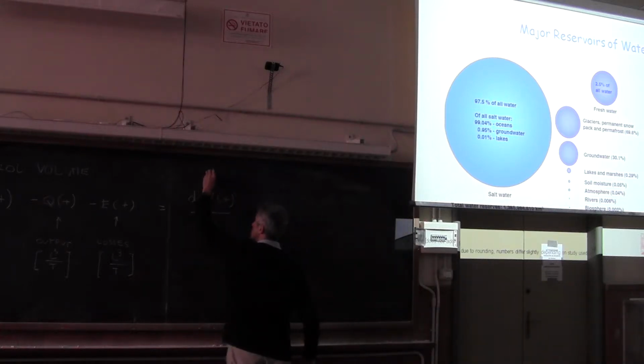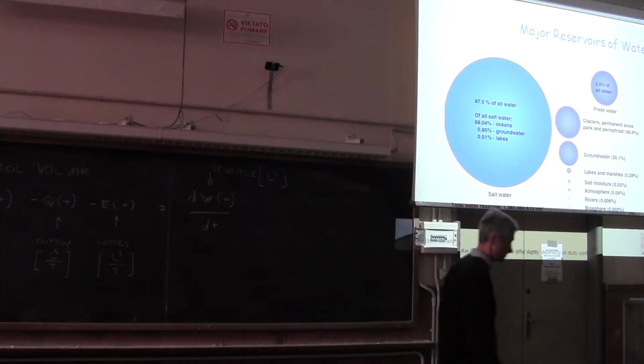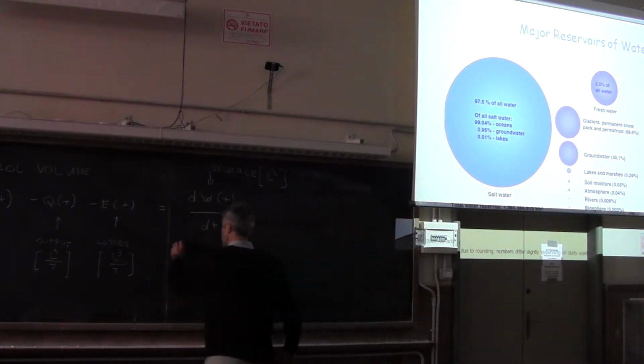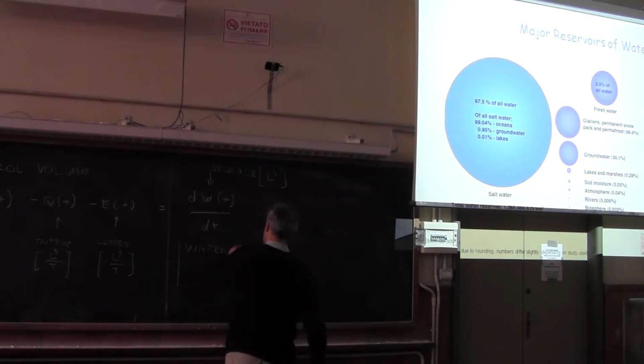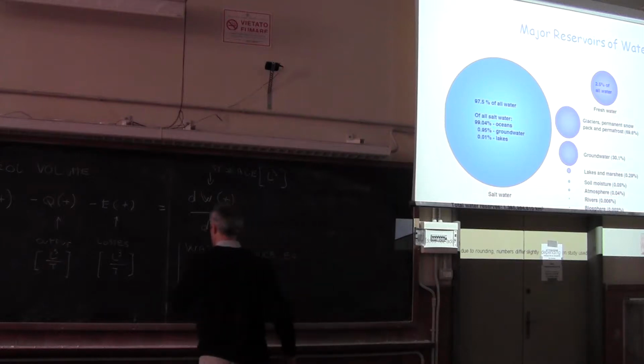W is storage, and the dimension is L cube. W is the water storage in the control volume. This is the water balance equation, also called the continuity equation.